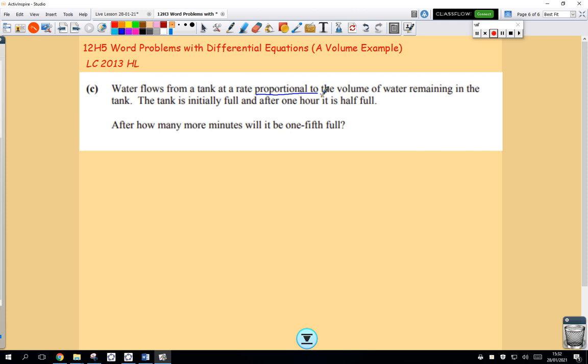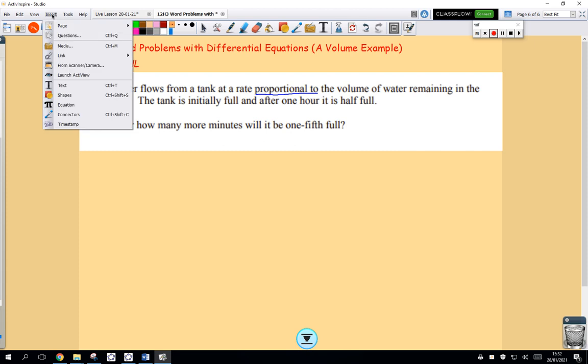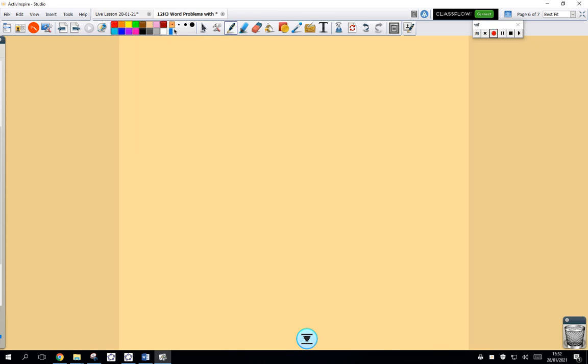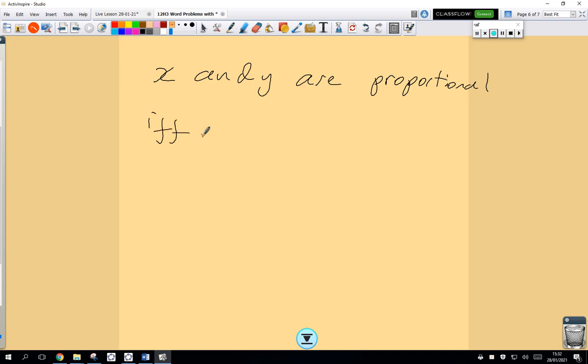Before I go through the solution, let me just mention a couple of things. We'd say the two variables x and y are directly proportional if and only if x over y is a constant.